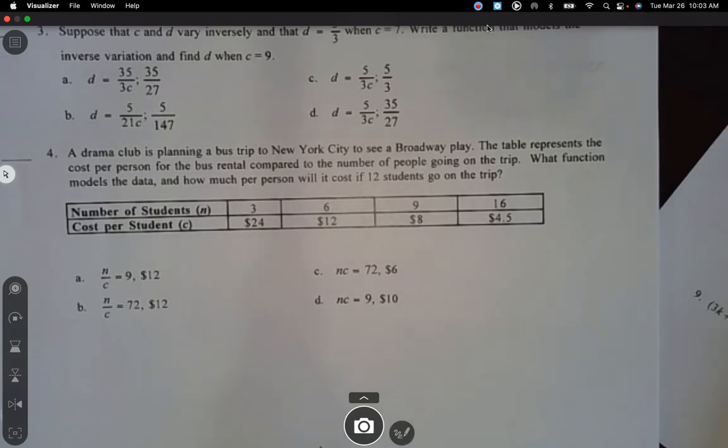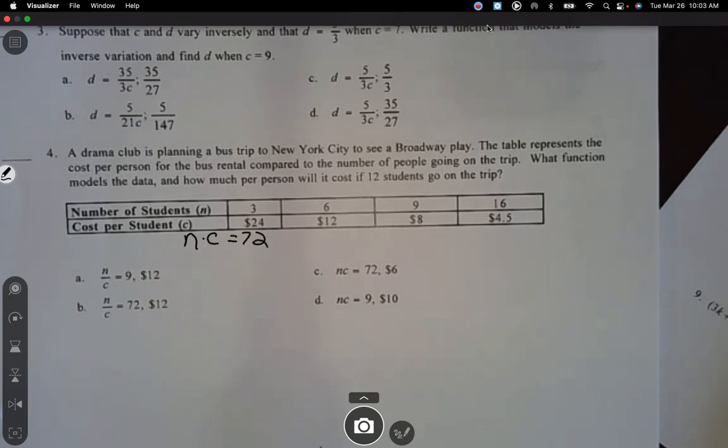So if it's inverse variation, well, it doesn't say that, but it is inverse variation. So you multiply 3 times 24, 6 times 12, 9 times 8, and 16 times 4.5. If you multiply all those, what do you keep getting? 72. So we're saying if I multiply n times c, it's 72.